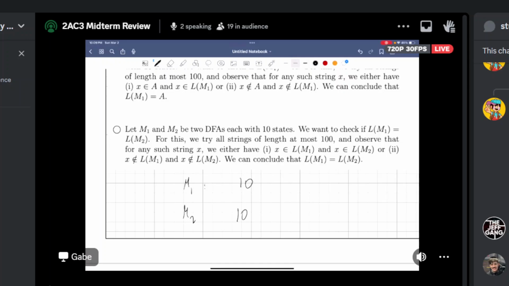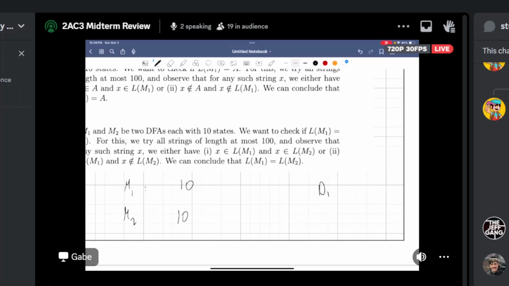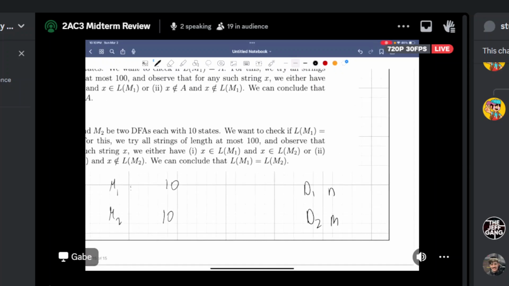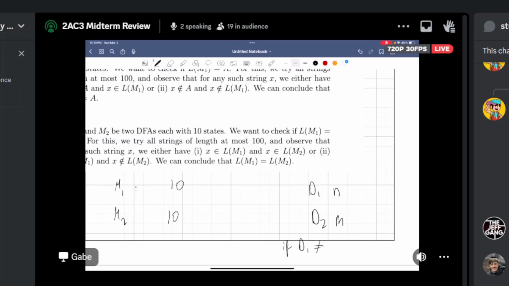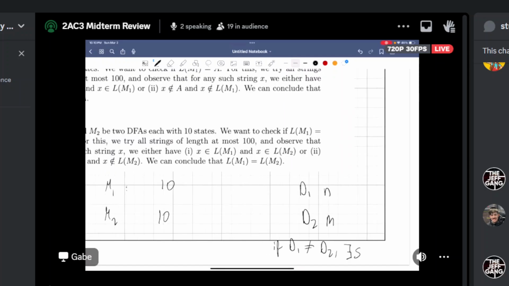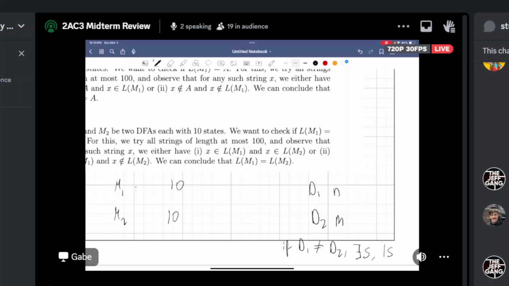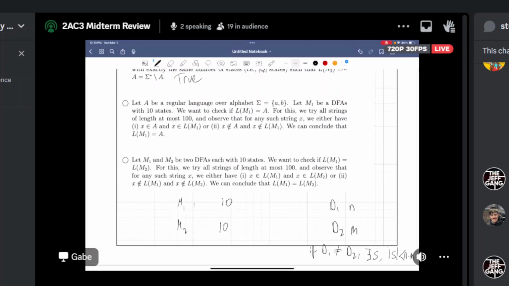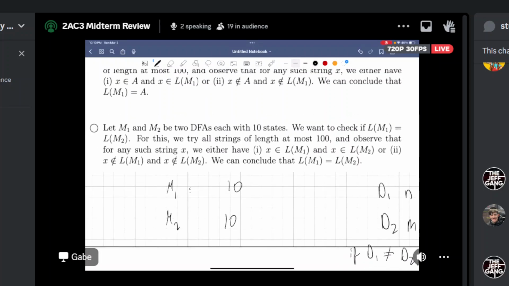And actually there's a law here that says that if you have two DFAs, D1 with N states and D2 with M states, and D1 is not equal to D2, then there exists a string S such that the length of S is less than N times M. All this to say that to check if these two DFAs are equal, there should be a string of length at most 10 times 10, 100, that is accepted by one but not the other.